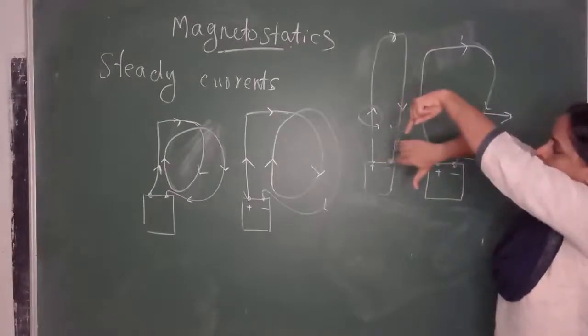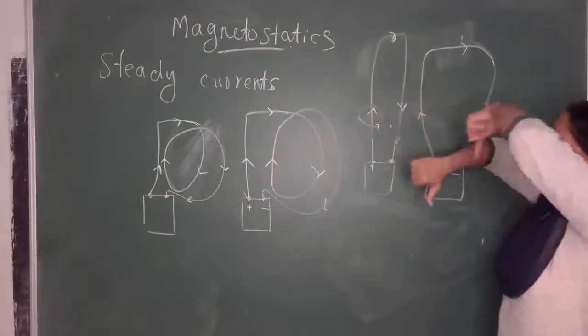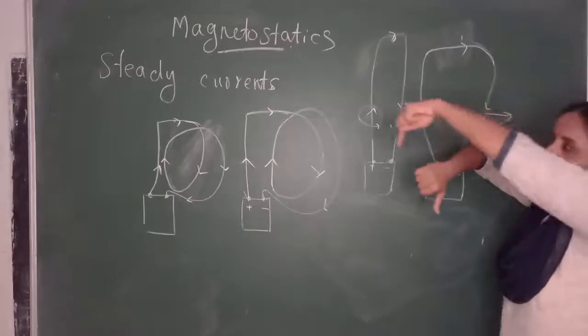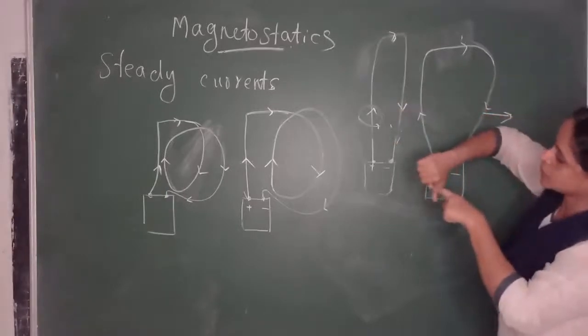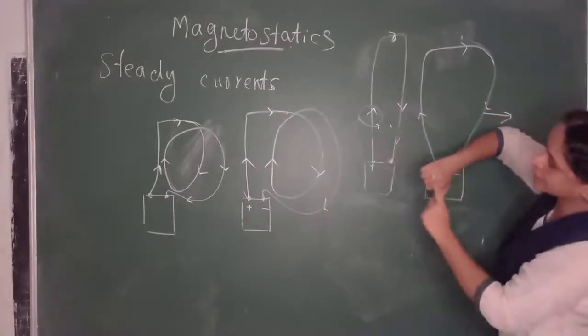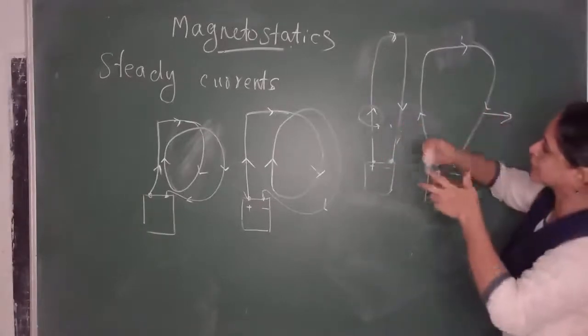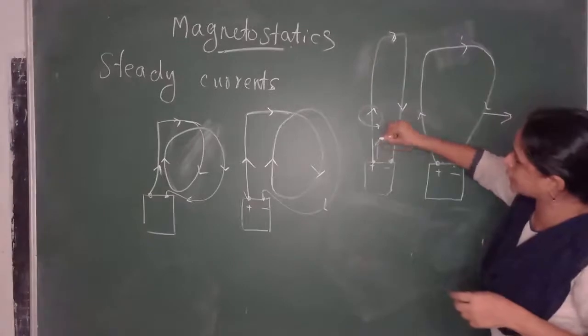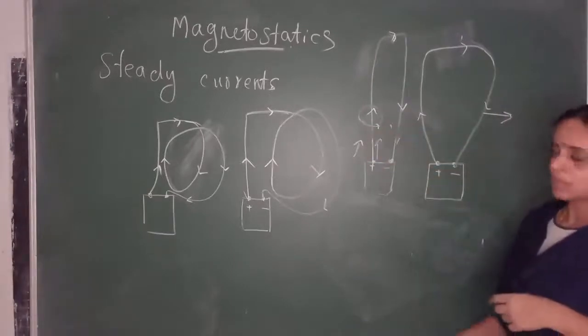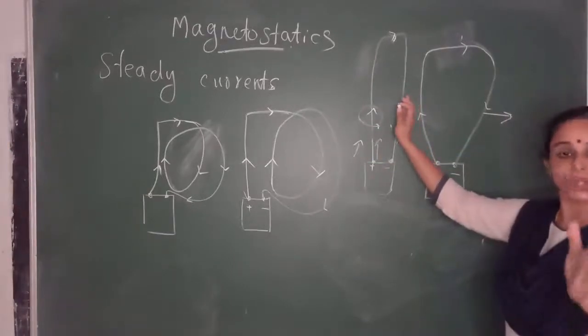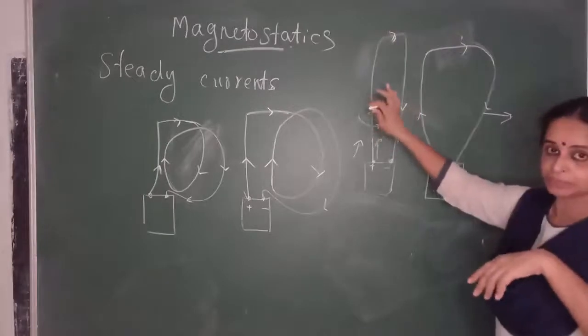So my fingers are turning in this way, so it is in the clockwise direction. So in between these two wires, here also the fingers are in this direction. So the field here is into the page again. So the field due to the second wire is also into the page.